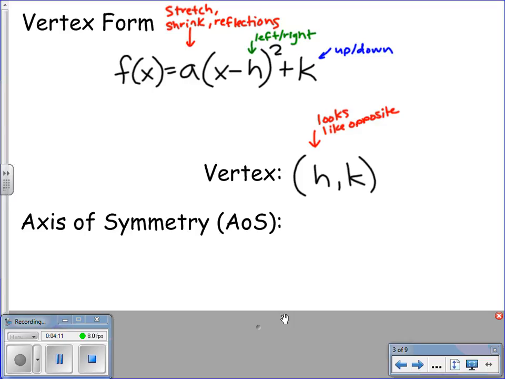You split it in... Okay, so it's a line that, and can I say splits the parabola, because we're talking about quadratics? A line that splits the parabola in half.